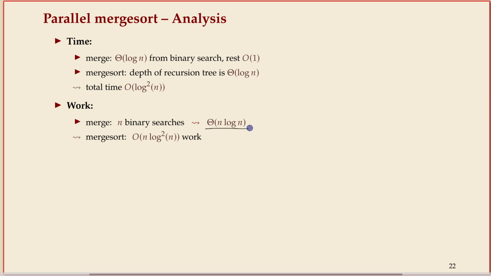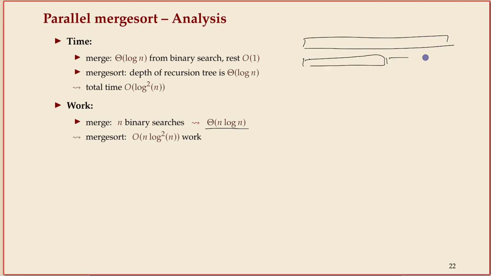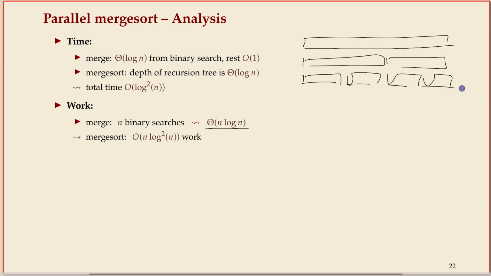Now, what happens with the recursions is that we start with the entire array, then we recurse on the two halves, and we keep going like this until we have individual elements. We've discussed the recursion for merge sort in more detail back then. The depth of this tree is log n. That's how many times we have to cut things in half.